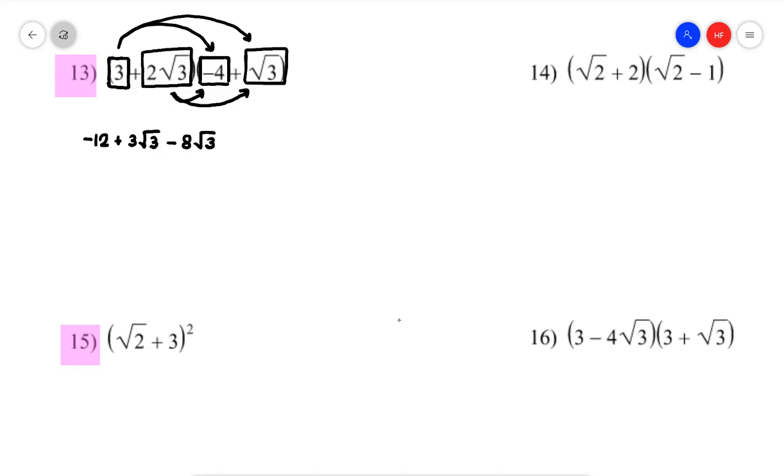Again, we treat these roots like variables, so if this were 2x times negative 4, we know that we would take those coefficients and multiply them and get negative 8x. So in the same way, we would get negative 8 root 3. 2 on the outside will stay the same. Then on the inside, we have root 3 times root 3, which would be root 9.